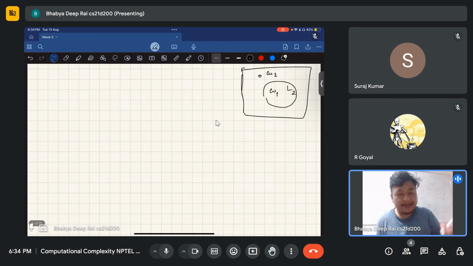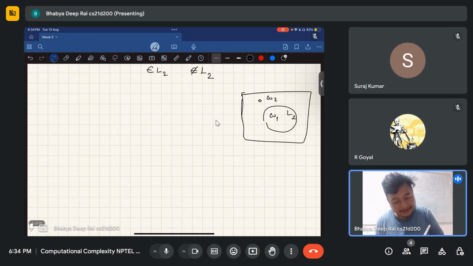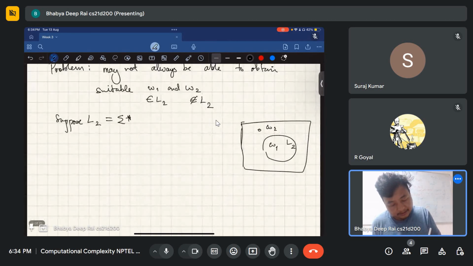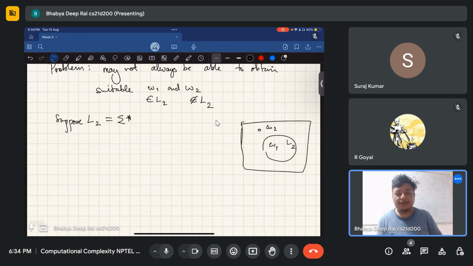I think you already said it. Suppose L2 is equal to sigma star, then everything is in L2. I cannot ever give you a string which is not in L2. So this means W2 cannot be found, does not exist.